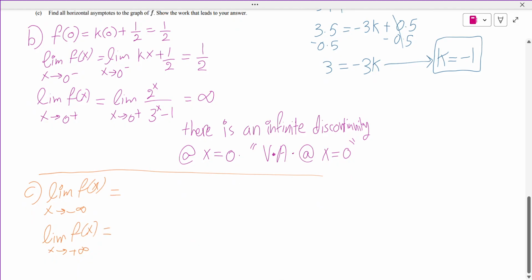So for this one, we have the limit as x approaches negative infinity.